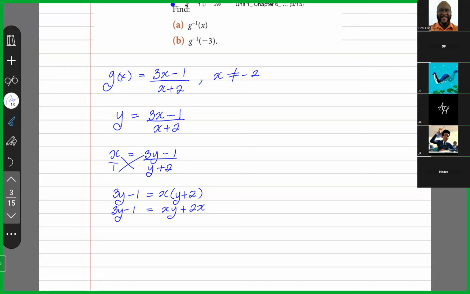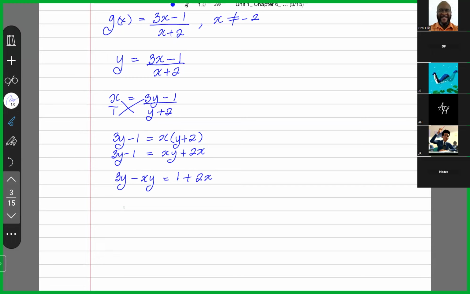All right, I'm looking to see which direction to carry them. I'm going to have 3y minus xy is equal to 1 plus 2x. So negative 1 on the left goes over to the right and becomes positive. On the left, I'm going to factor out y because I want to make y the subject.